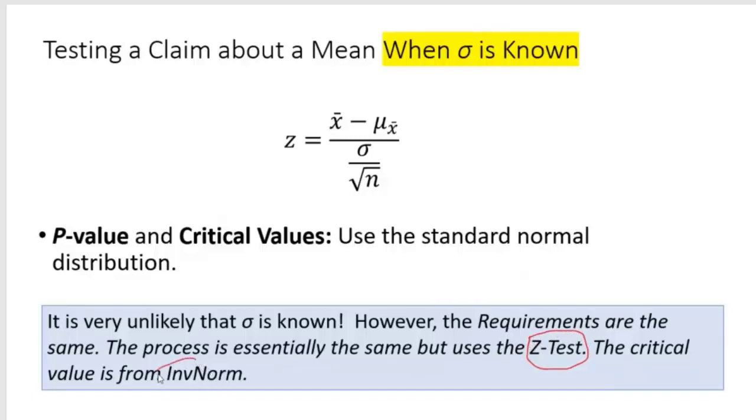You're going to use the z-test, which means it was normal, and inverse norm to get critical values. You probably do not know sigma, but that's the only difference. You still have the same requirements. You just use, instead of t, you use z.